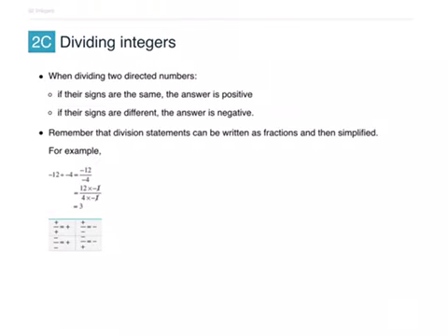So let's do more examples. If I have, for example, 2 divided by 2, don't forget we can write that as a fraction like this, and they're both positive, so your answer is positive. Then we can simplify. 2 divided by 2 is 1.